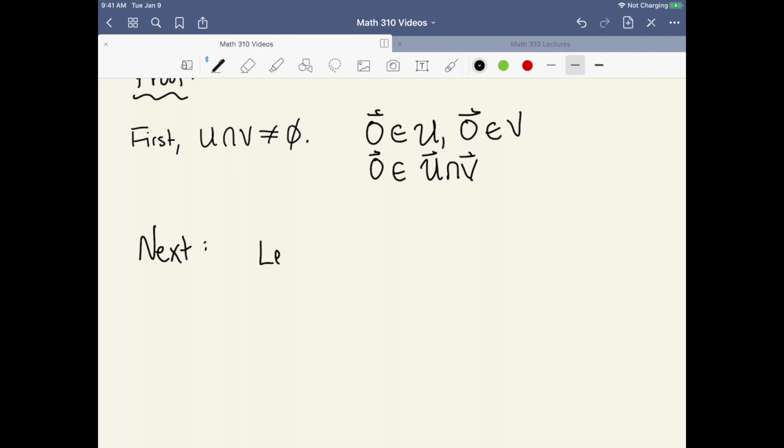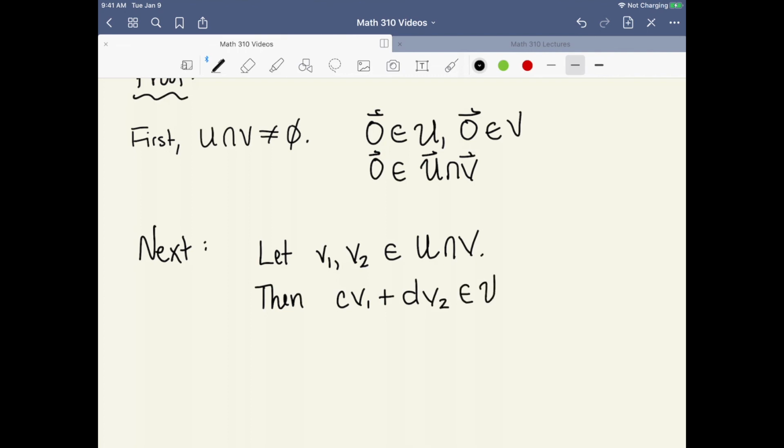So we are going to let vectors, say V1 and V2, belong to U intersect V. If V1 and V2 are in U intersect V, then they're also in U and they're also in V. So what we can say is then a linear combination CV1, so scalar multiplication, and the addition with DV2, this linear combination belongs to U because U is closed under these operations.